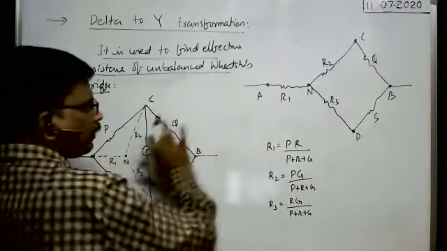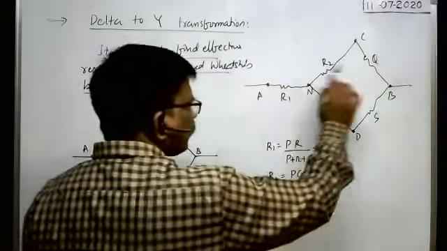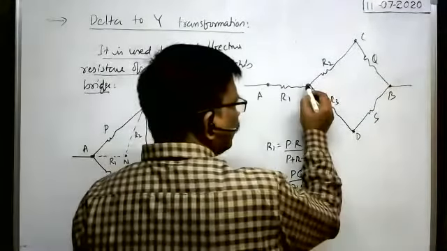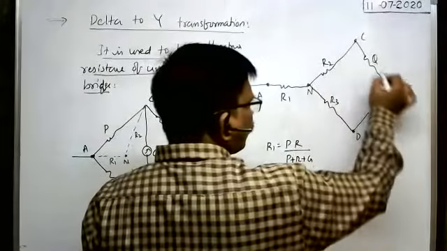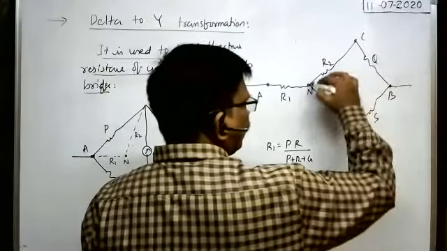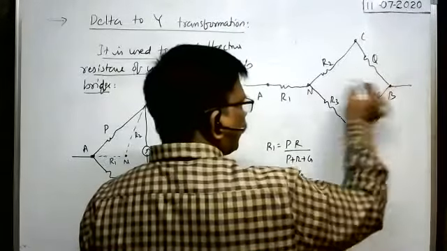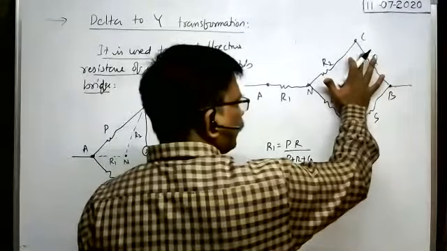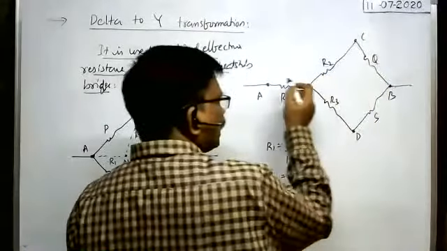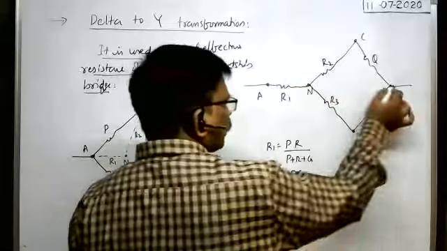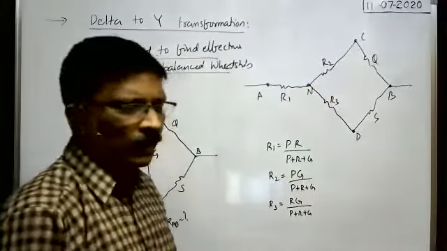When you convert the circuit like this, the effective resistance between A and B can be measured very easily, because between N and B these two are in series, and these two are in series. The effective of these are in parallel between N and B, so the effective can be calculated. This effective is in series with R1. You add them, then the effective resistance between A and B can be calculated.